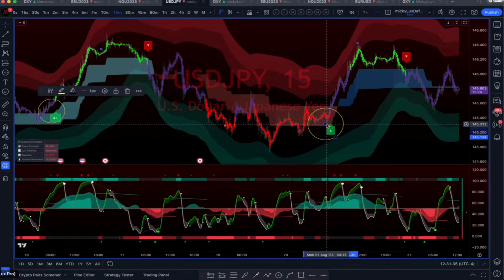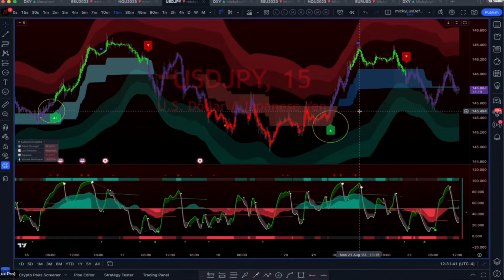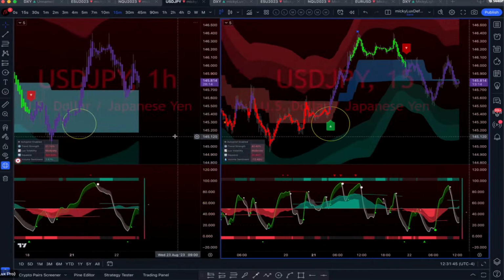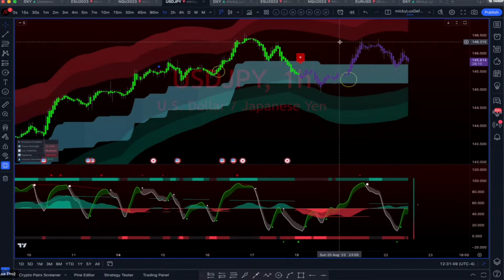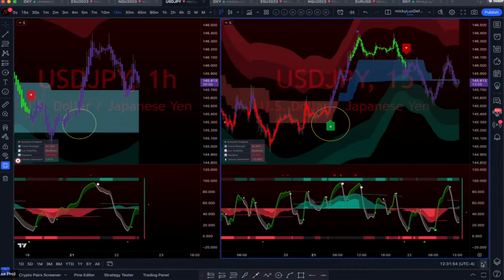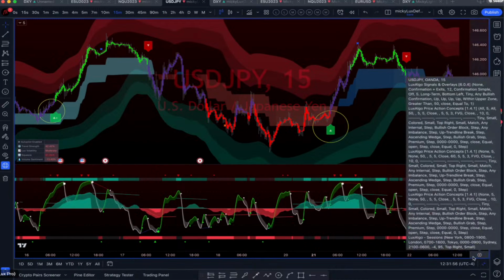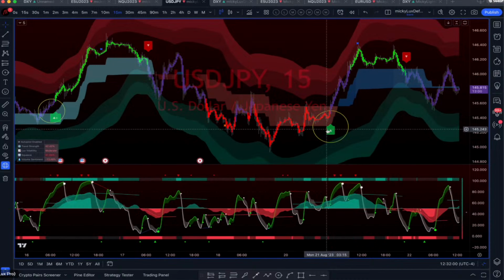I'm just taking these signals blindly with an extra step. That extra step is the higher time frame. The higher time frame told me to go long with the Neo Cloud, so in a lower time frame, I'm only looking for longs. Here we go. Trade one, trade two.